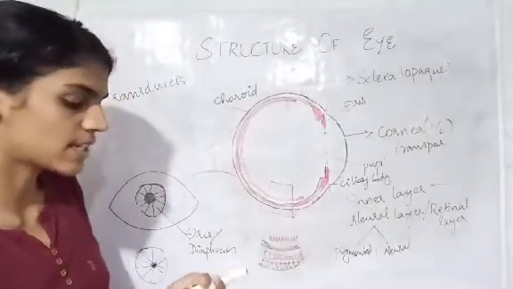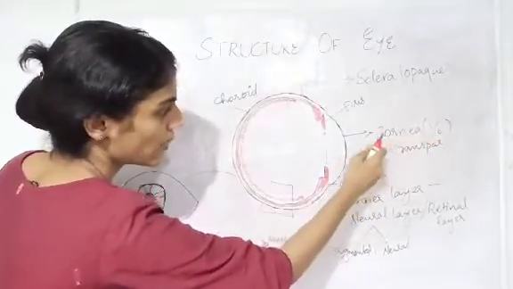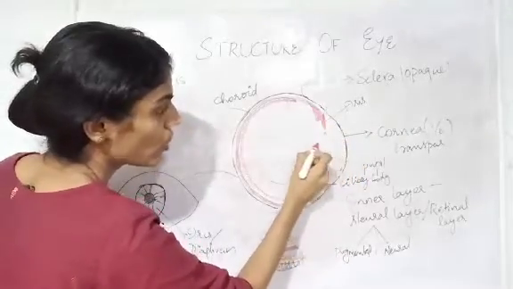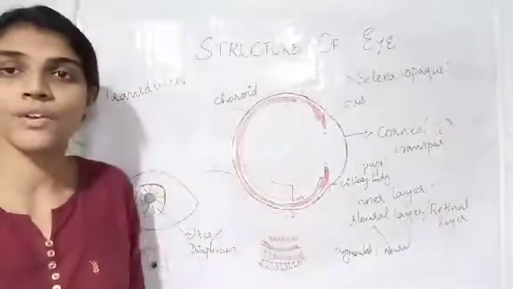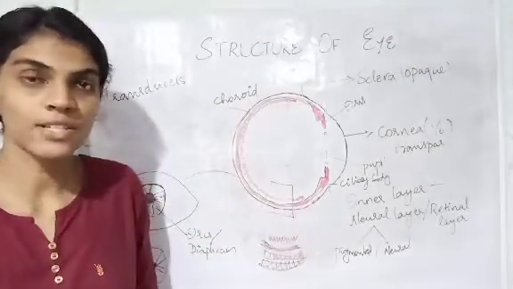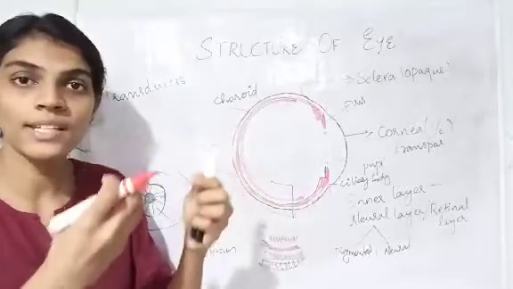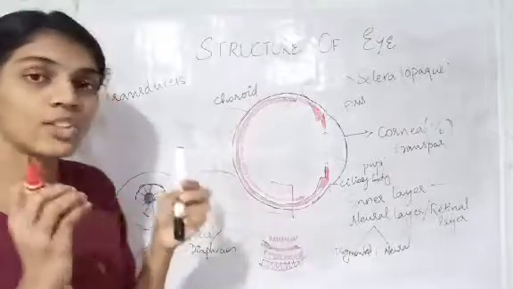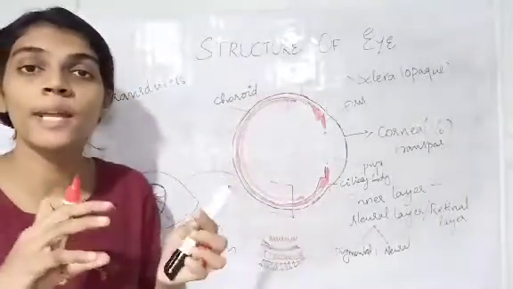So the external light passes through the cornea, through the pupil, goes inside and strikes the neural layer of the retina. And what happens? From this neural layer, the rods and cones will convert this light energy into electrical energy, and the end point of this neural layer is the optic nerve.